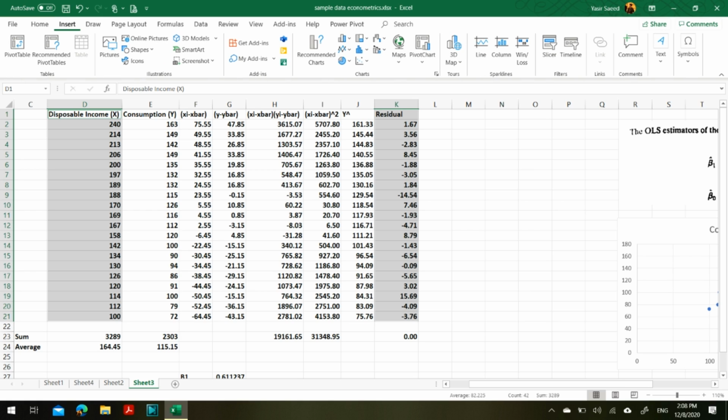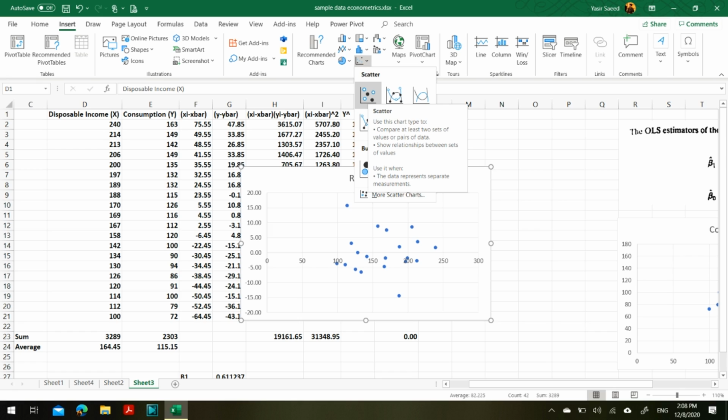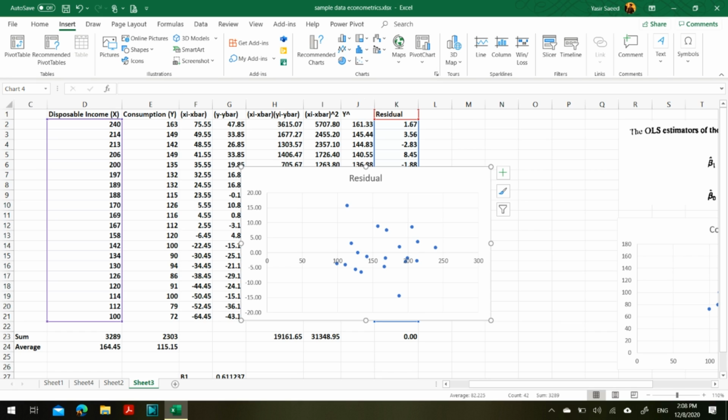Then I move on to the insert section, I click on the scatter plots, and I graph the scatter plot, and this is the scatter plot for my residual terms.